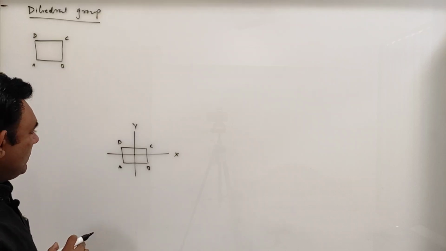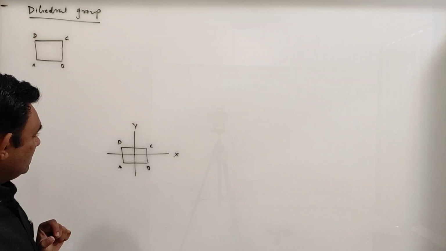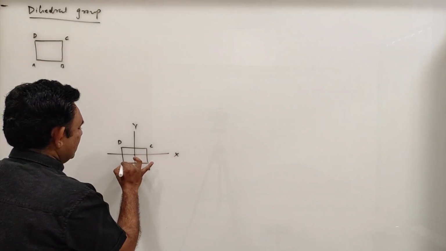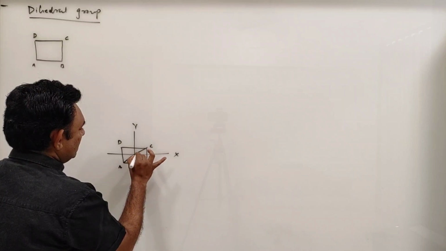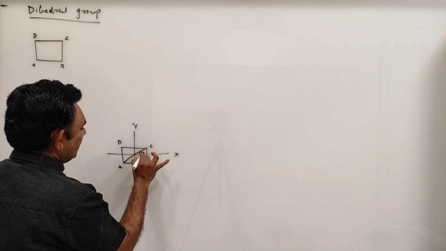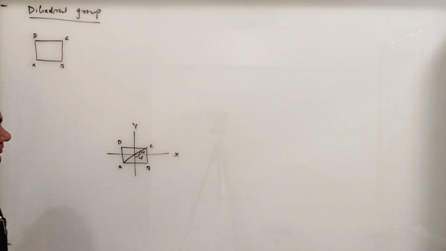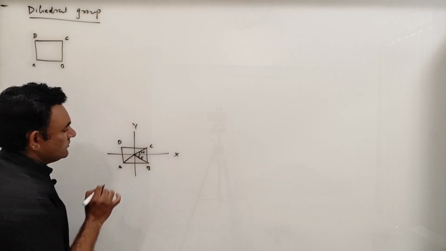Now you rotate this square by 90 degrees. This is a diagonal, so definitely this angle will be 45 and this angle will also be 45. This other diagonal also gives 45.